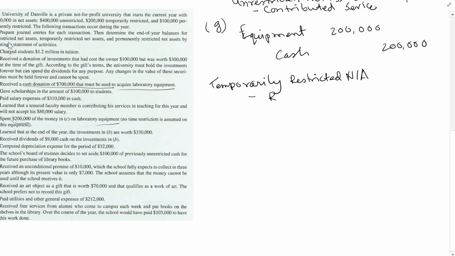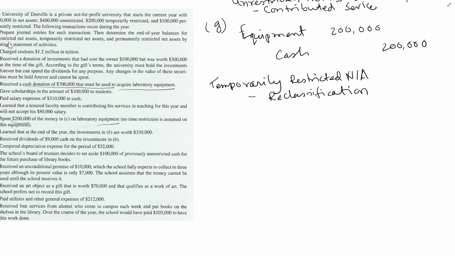So I'll also write down a little note next to it, which is reclassification. Now we are taking out that fund from the temporarily restricted to unrestricted. So in one sense, for a moment, it is actually increasing the unrestricted net assets, and then definitely we are spending it to buy the equipment.